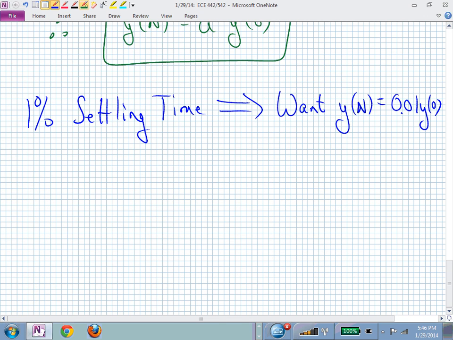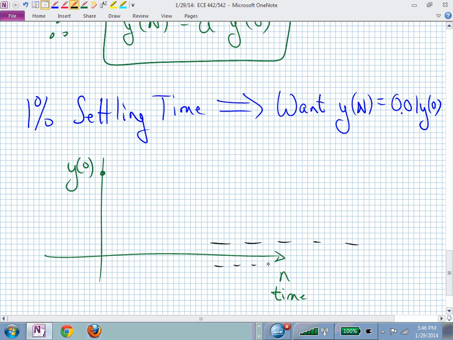What are we doing pictorially? Here is time. We start at some y of 0. We are saying we want to know when do we get within this tube and stay there for all subsequent time.